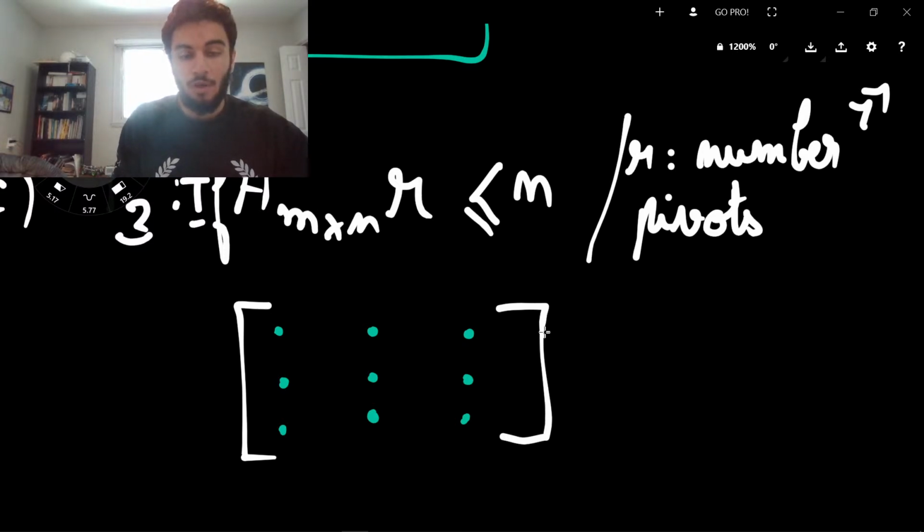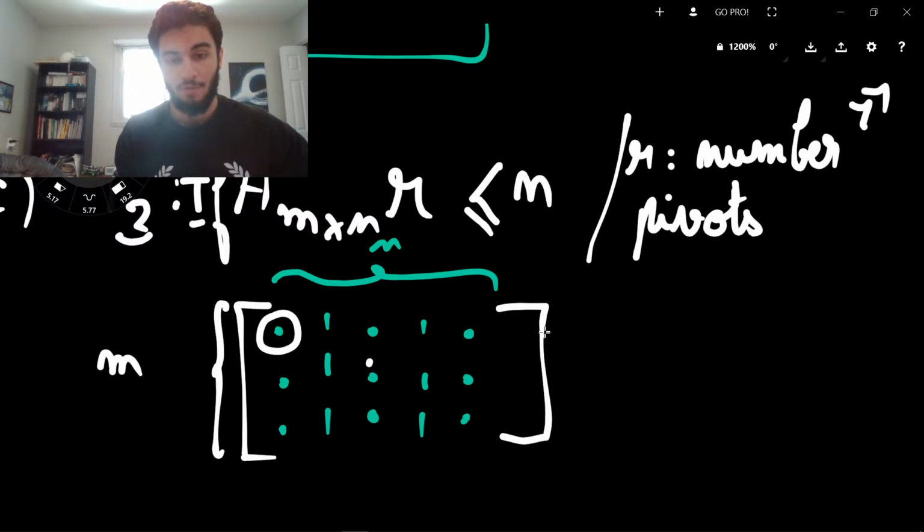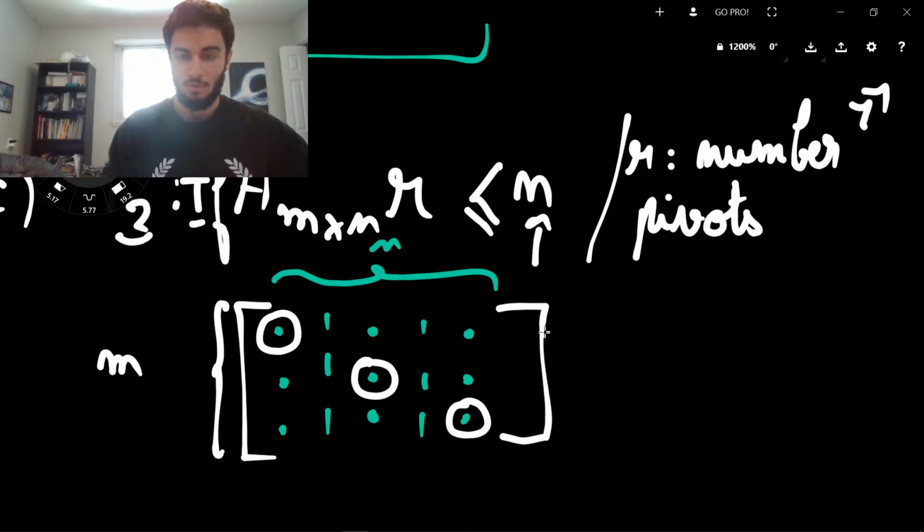For a 3 by 3, we have n columns. These are all column vectors, and then we have m lines. So basically, if we have a full ranked matrix, it has to have the same amount as the number of columns.